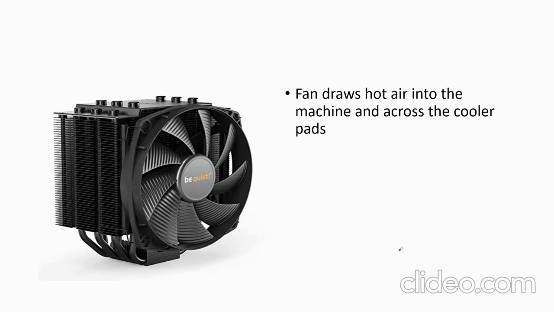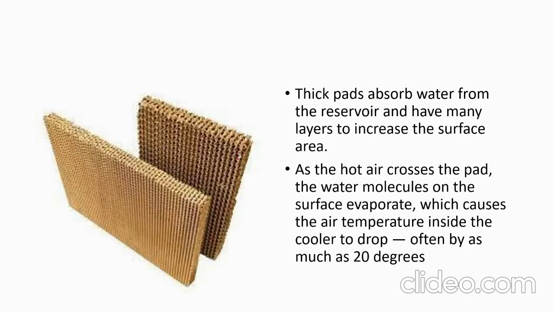So first is the fan. What does this fan do? This fan draws hot air into the machine and across the cooler pad. When this fan rotates, it takes in air and this air passes through these cooling pads, and the temperature of the air gets reduced as it crosses these pads.